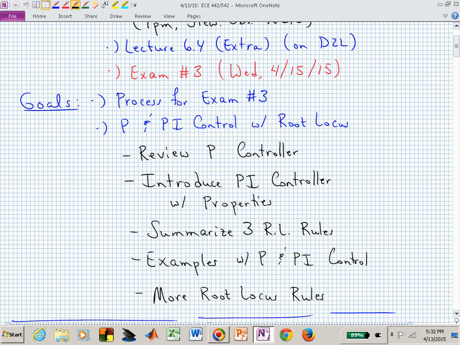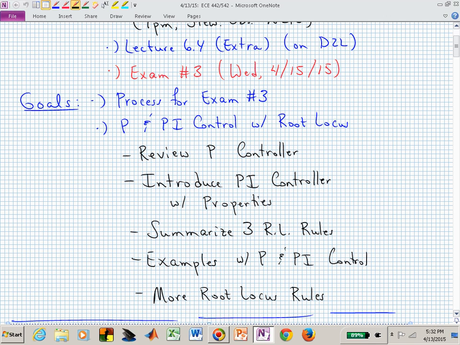And then we will start looking at just a very quick summary or review of the proportional controller, and that hopefully will lead us into the PI controller and how you can essentially address that by, again, adjusting this gain K. But then we will get into an example that illustrates why you might want a PI controller versus a P controller, a proportional integral controller versus a proportional controller.